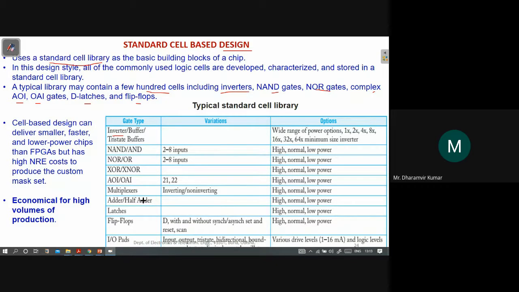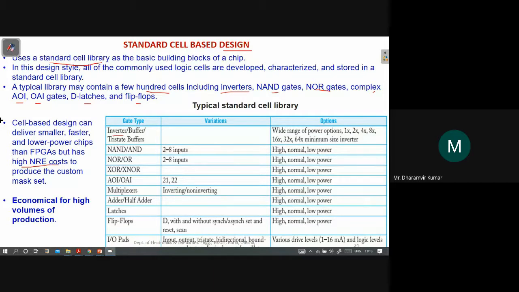Cell based design can deliver smaller, faster, and lower power chips than FPGAs, but has high NRE costs to produce the custom mask set. Since the library is present, it will take less time than the full custom design.